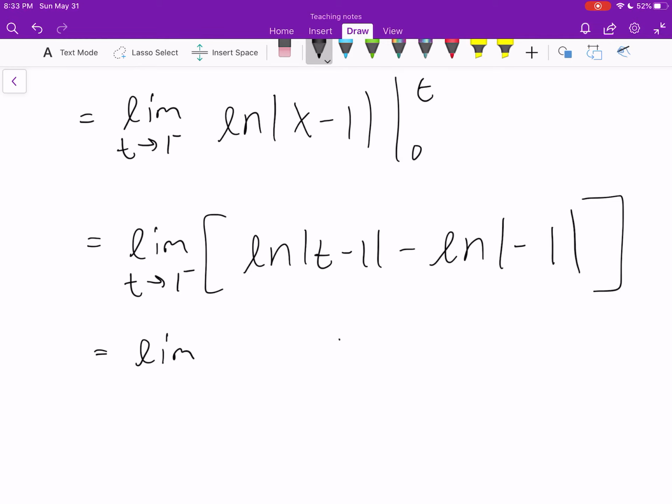So the limit as t approaches 1 from the left. ln of the absolute value of minus 1 is ln of 1, which is 0. So this is just ln of the absolute value of t minus 1. As t approaches 1 from the left, this ln is approaching ln of 0.